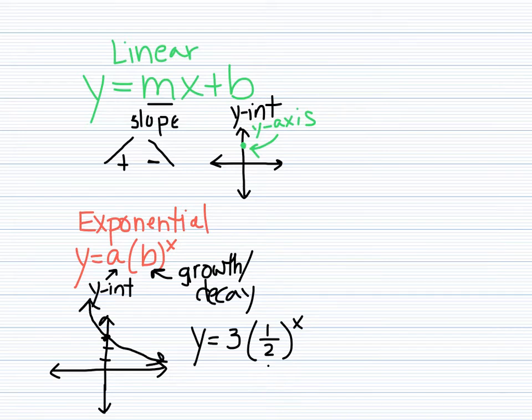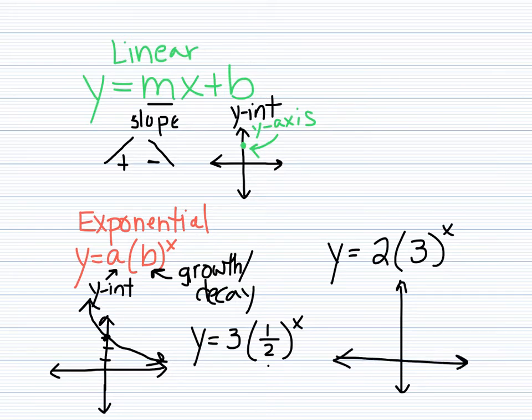The y-intercept is 3 and it's decreasing, as opposed to y equals, let's say, 2 times 3 to the x. So the y-intercept here is going to be 2, and it's increasing. So it's going to grow because that b value is greater than 1.